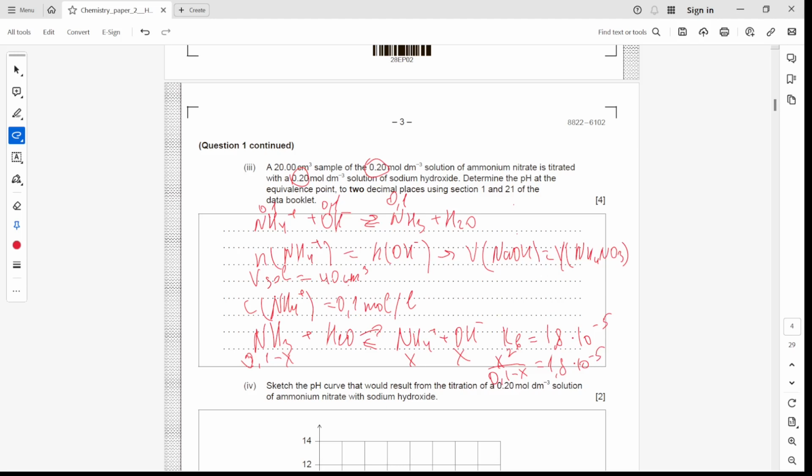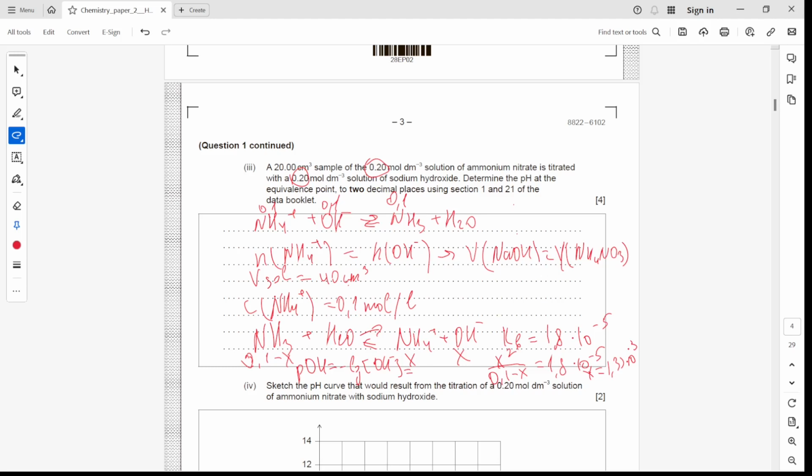And by solving this equation, we will get 1.33 times 10 to the negative third power. And so we can calculate pOH, and then it would just be the negative logarithm of the concentration of OH minus ions.